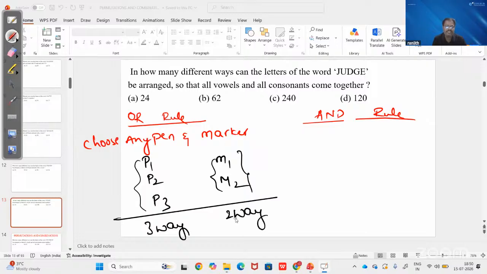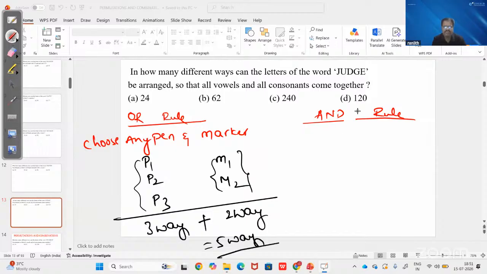In how many ways can he select either a pen or a marker? He has to select any one, either pen or marker. He can't select both at a time, he needs to select only one. It's nothing but addition, so 3 plus 2 equals a total of 5 ways.